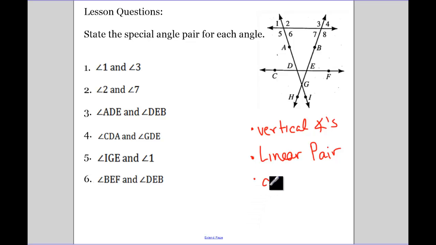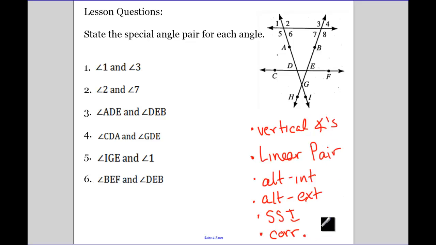You're also going to have your alternate interior, alternate exterior, same side interior, and corresponding. Okay, so those are going to be all your options for those 6 questions.